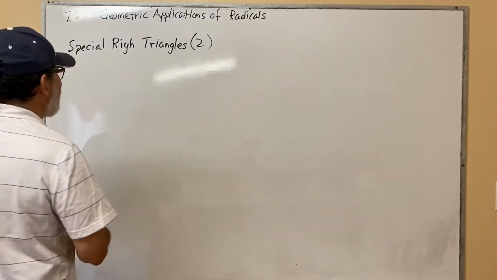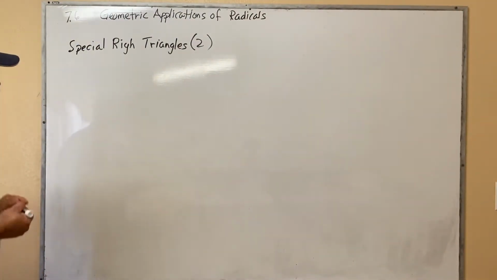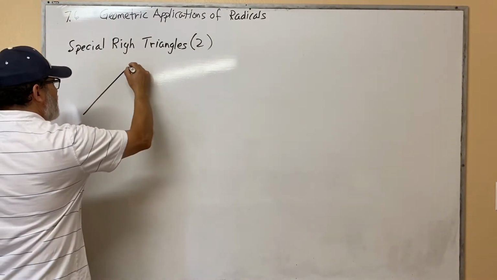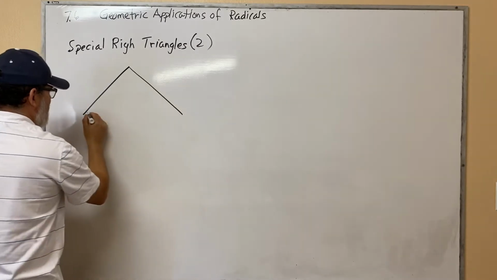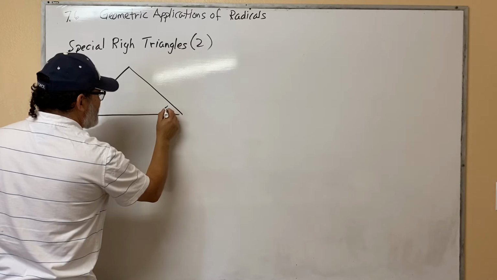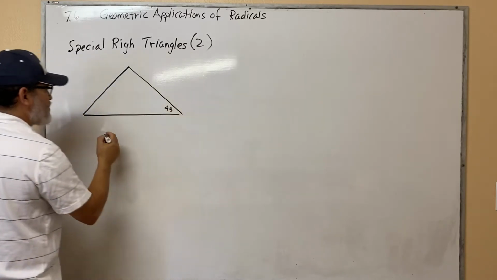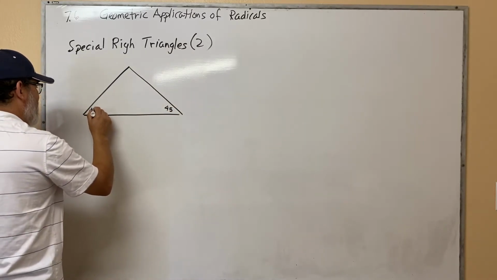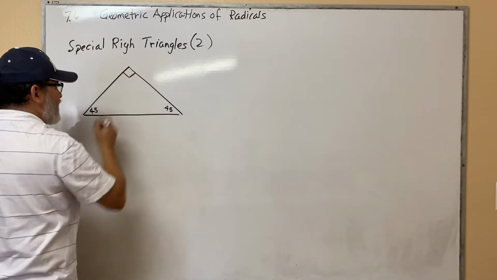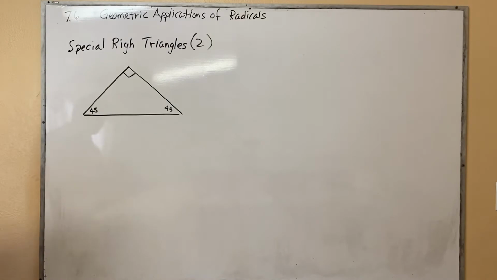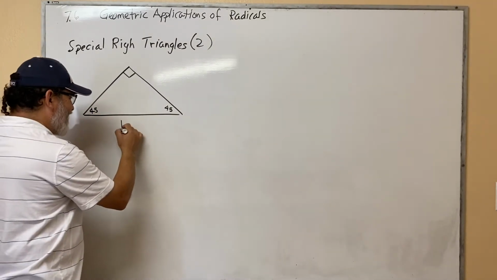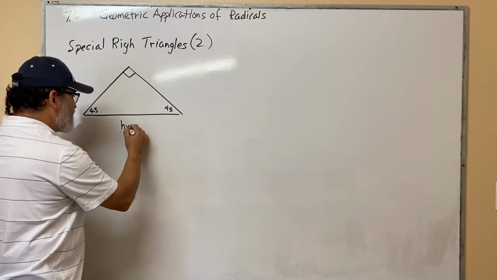How about the 45, 45, 90? Let's do it like this. 45 degrees, 45 degrees, 90. Because this is 90, this must be the hypotenuse.